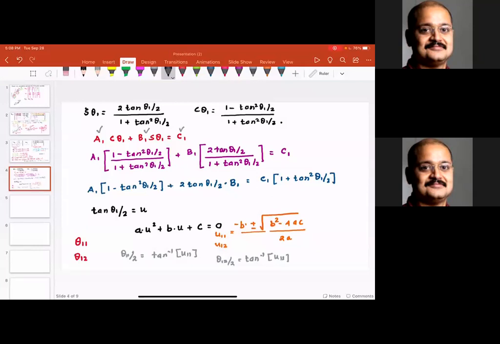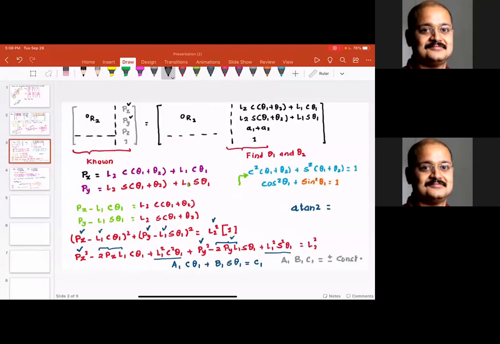Next step is go back to this equation, and substitute the value of L1 cosine theta 1 that you already found, and find the value of cosine theta 1 plus theta 2, do a cosine inverse and find the values theta 21 and theta 22.